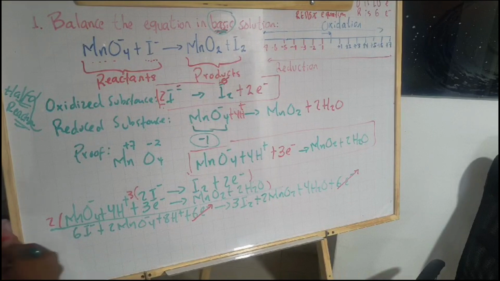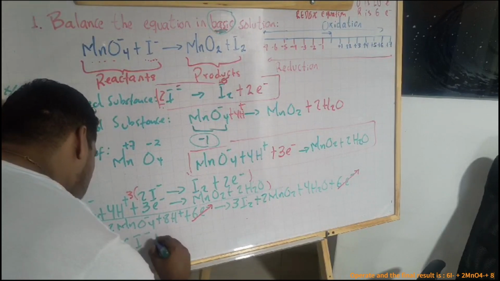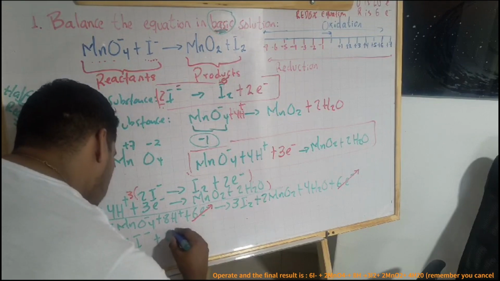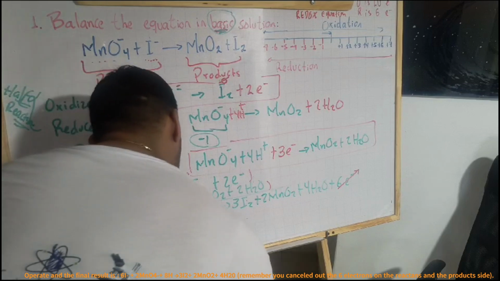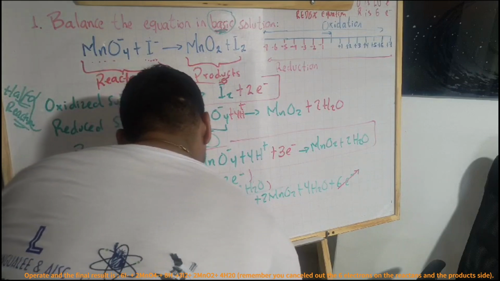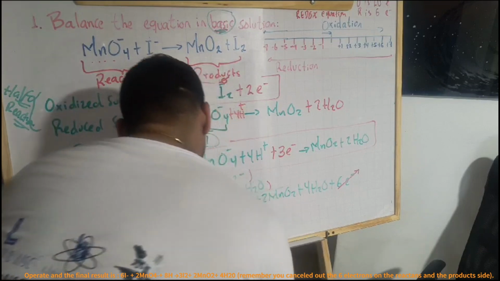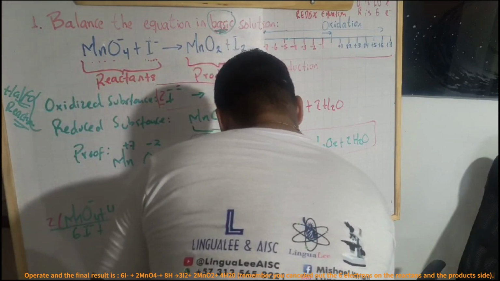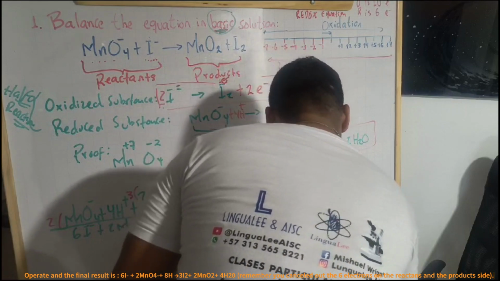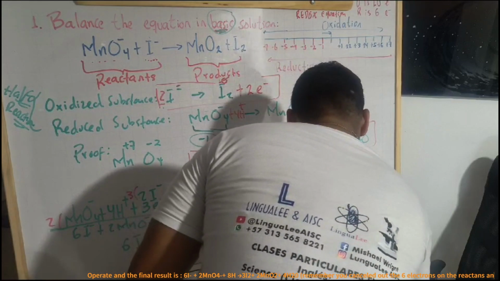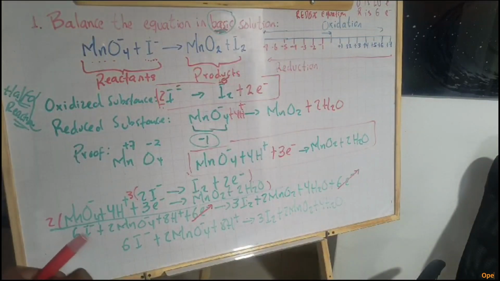My final expression is going to be 6 iodide ions plus 2 permanganate ions. And this is my answer.